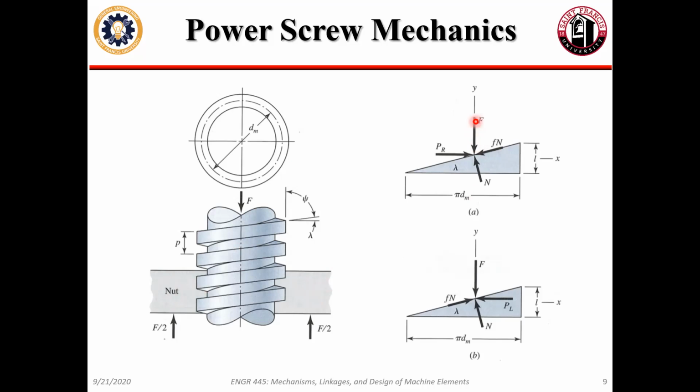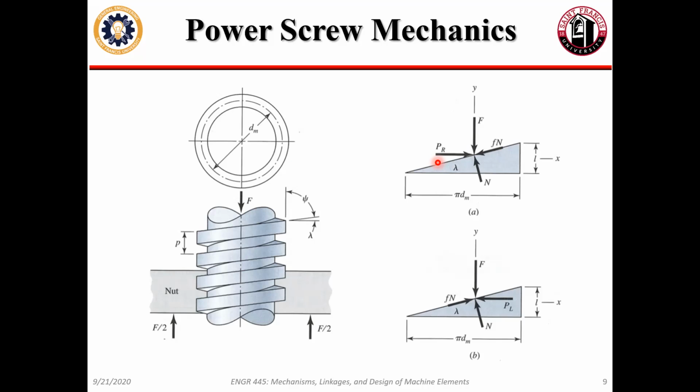That's that force F. However, I'm also going to have some load from me trying to raise it, right? So in A, I'm turning the screw from right to left, moving that wedge from right to left, so that I move my nut upwards, right?